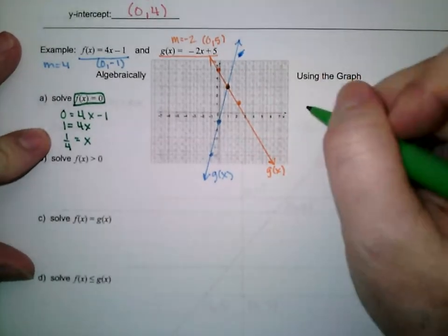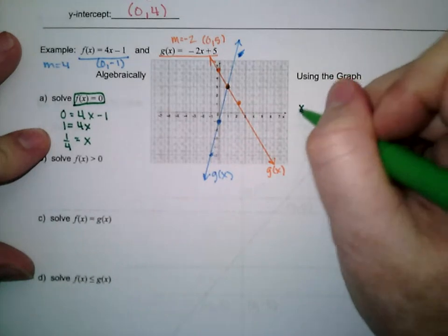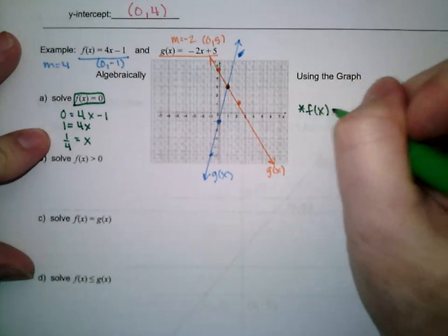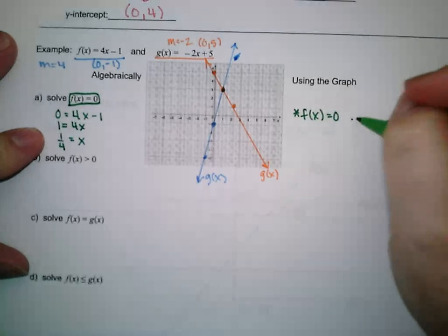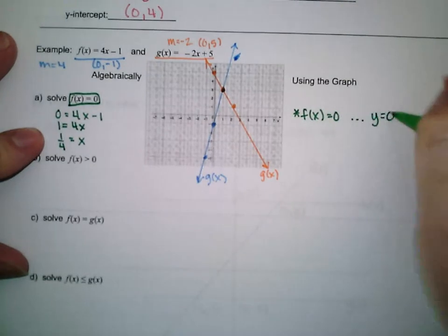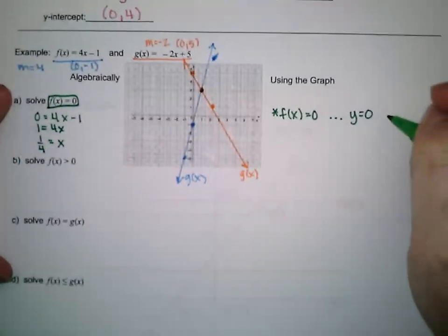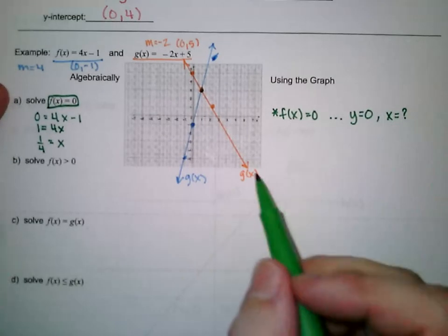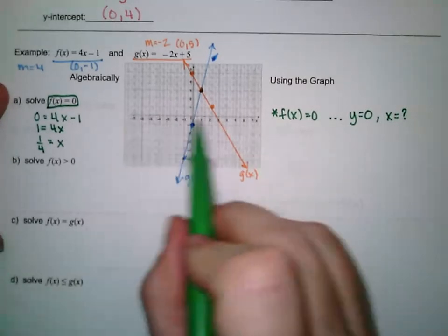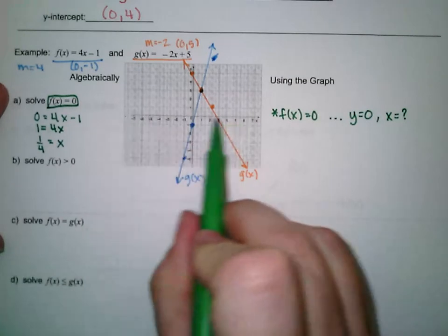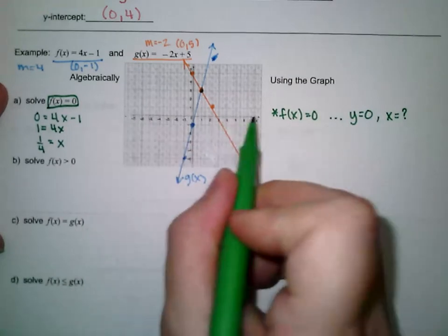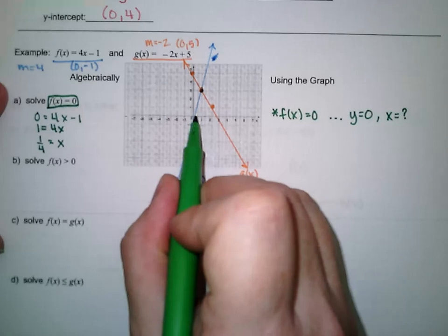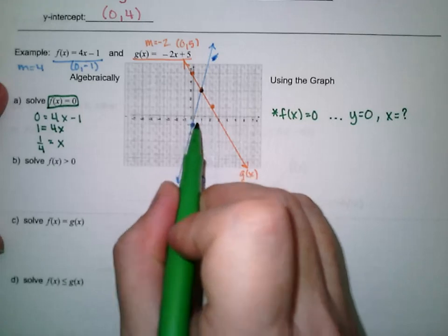Using the graph, f of x equals 0 means that when y equals 0, what is x? So we're looking for where y equals 0. Y equals 0 is this axis here. And so when y equals 0 on this graph is going to be right here on the blue graph.